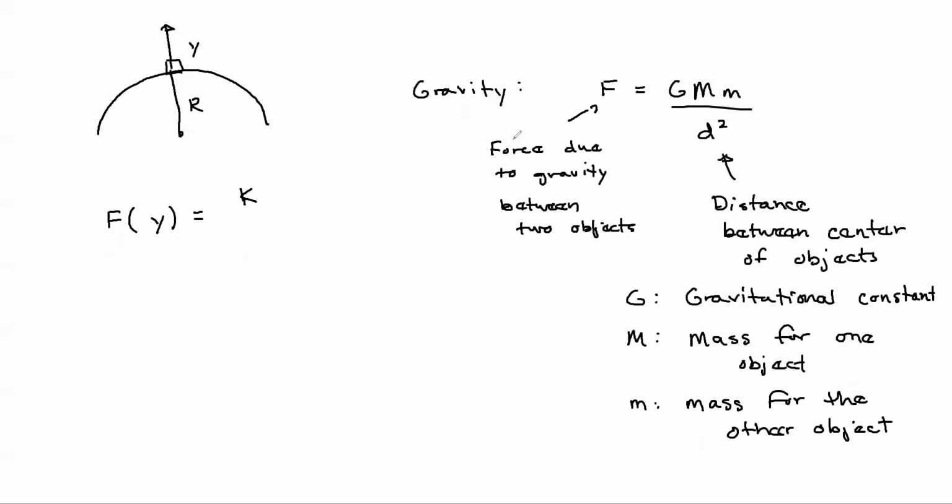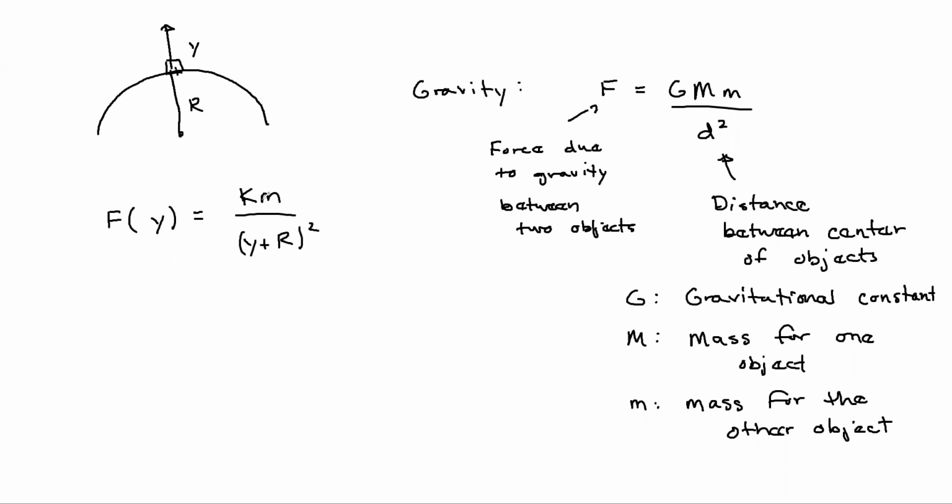So we combine these two, and that's going to be K. Then we'll say the mass of our object that we're launching is m, and then the distance between the centers of the two objects. If our object is at height y above the Earth, then the distance between our object and the center of the Earth is y, the distance to the surface, plus r, the distance to the center, so we need to add the two, and square.